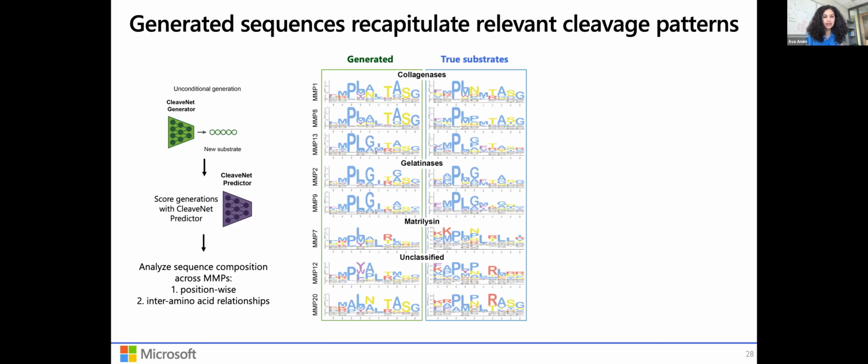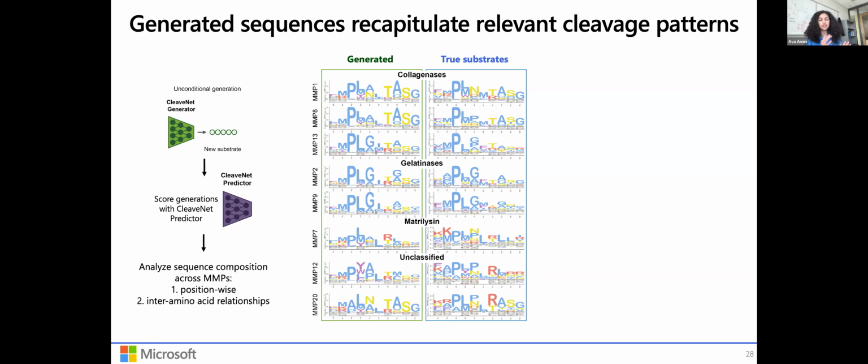And so first, looking in a position-wise manner, an analysis we did that gets biochemically quite interesting is now looking across these distinct subclasses of MMPs and particular enzymes, looking at what the high-scoring generations for those MMPs look like versus the high-scoring true substrates that were actually cleaved most efficiently by a particular subclass or individual MMP of interest.